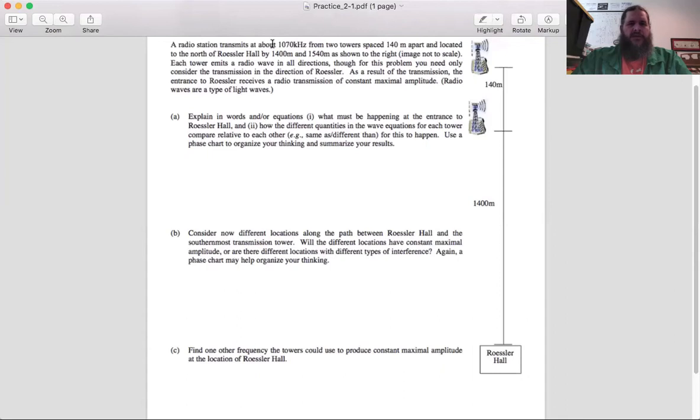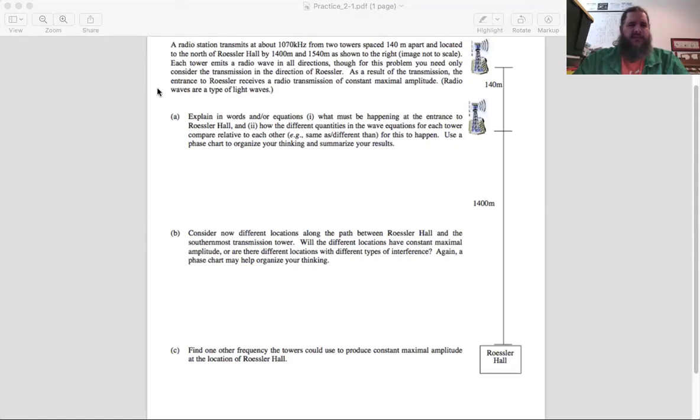And we also know the frequency of the radio waves they're emitting. And we know that at Ressler, you're getting a radio transmission with maximum amplitude constantly, which tells you what type of interference you are getting. Constructive. Yeah, constructive interference at that location.